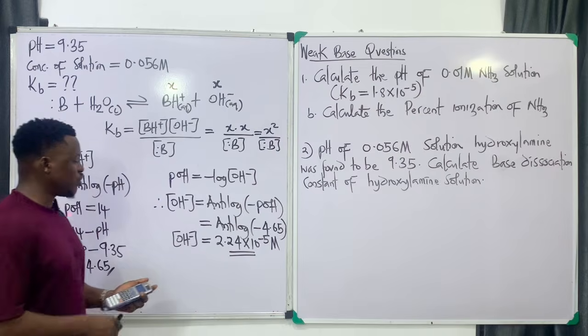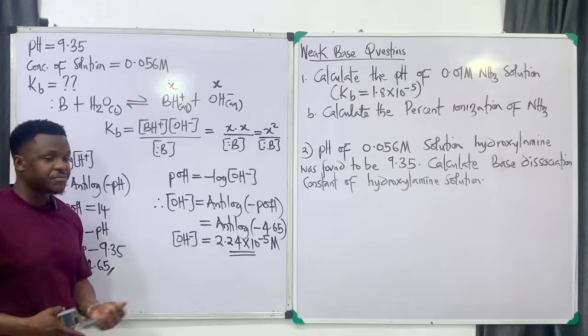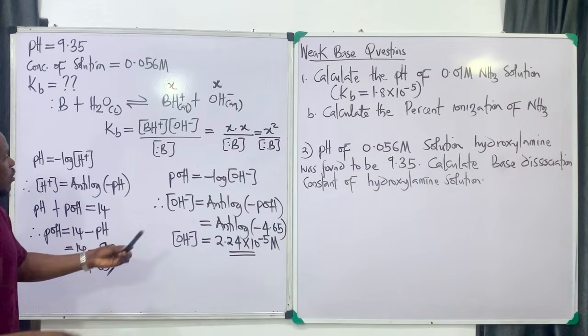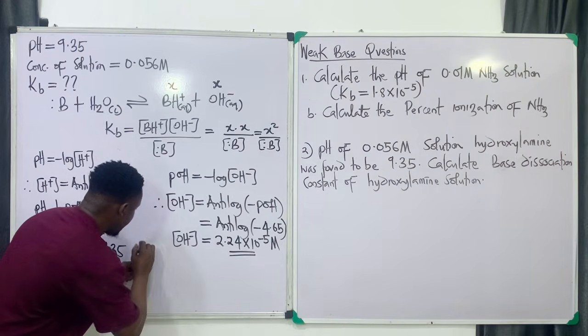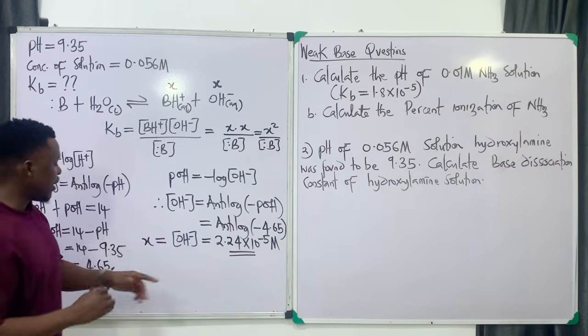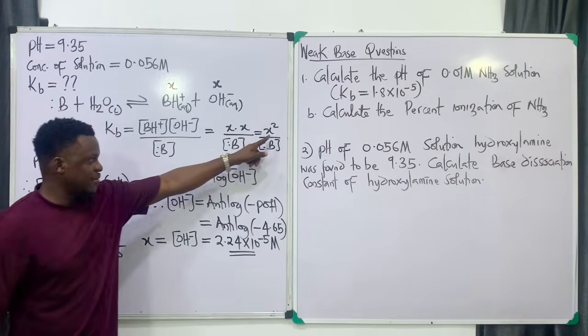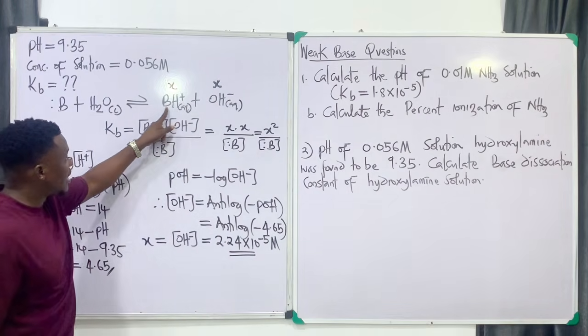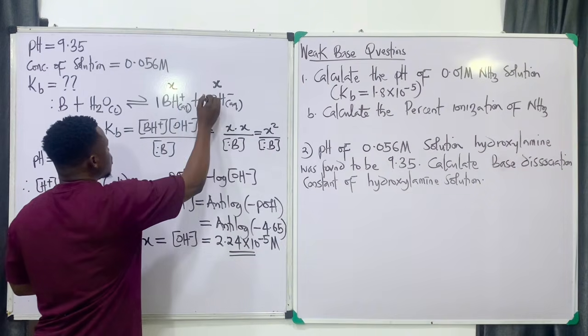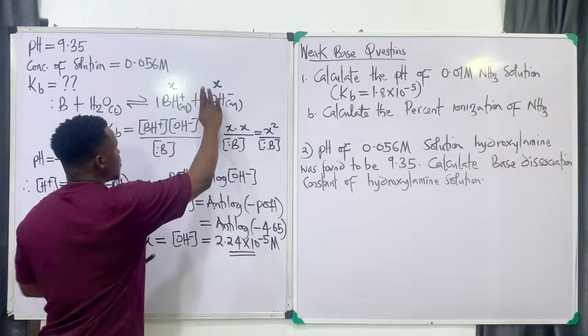Now that is the concentration of OH minus. Since we have gotten the concentration of OH minus, all we just have to do is to come here. Don't forget that this OH minus is X here. And whatever the value of OH minus is would be the same value of BH plus because their ratio is 1:1. Take note of that.